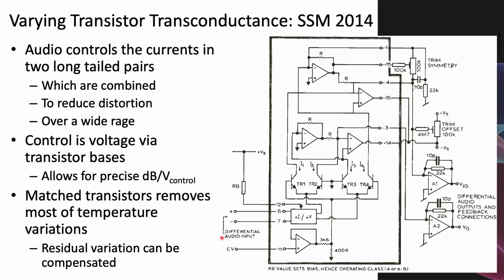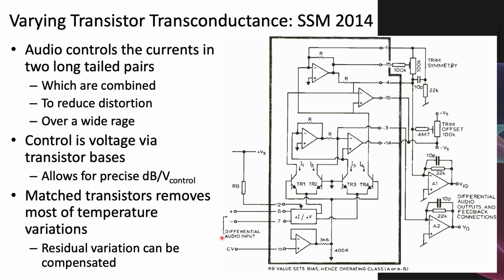You can do a little bit better. There is some play around with balancing things even more. And there was a chip produced called an SSM 2014, which actually managed to do it with reasonably low distortion over quite a wide range, and control voltages were via the transistor bases, which let you have a dB versus volt per volt control.